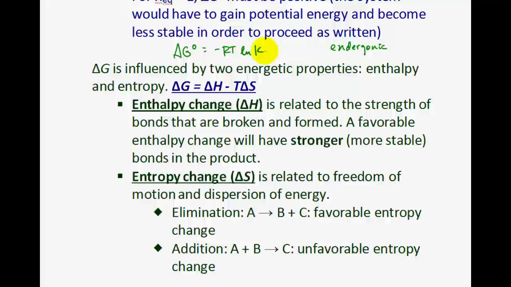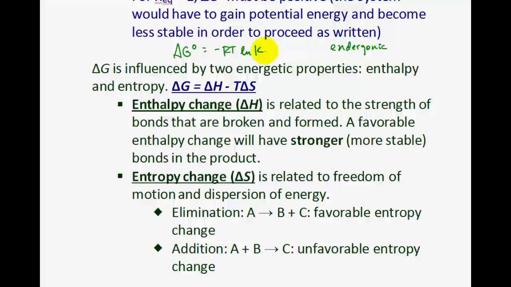But delta H and delta S are the energetic terms that actually determine whether or not something will be higher or lower in potential energy. So enthalpy is delta H. For organic chemistry, enthalpy is just related to the strength of bonds that are formed and that are broken. Okay? There are some bonds that are stronger and some that are weaker than others. Well, I'll give you a page of those in just a moment.